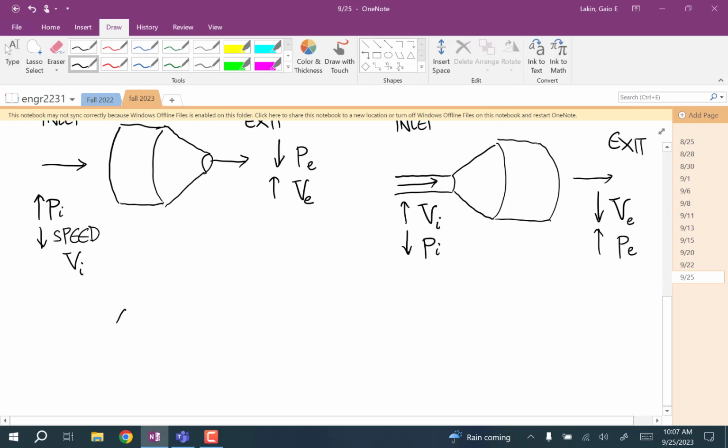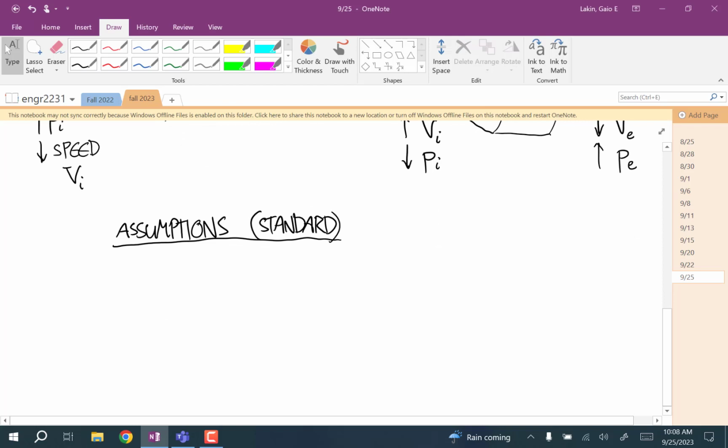So now let's think about the assumptions. What kind of cancellations happen? These are just the standard assumptions, but like I said, you're going to have to go problem by problem from the full form of the control volume first law. So first we're going to assume this is steady state. Do you remember what happens if something's in steady state?